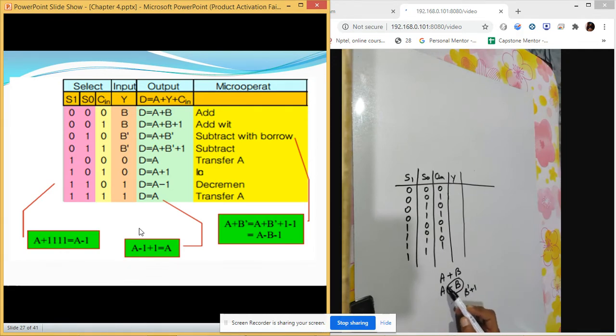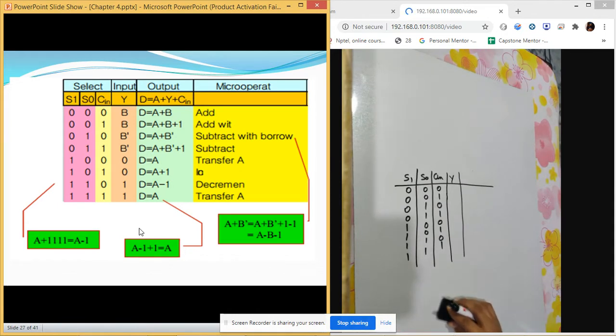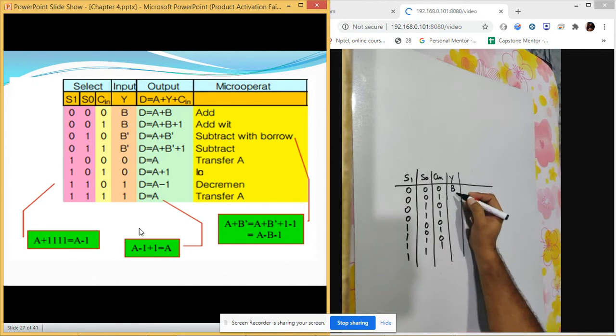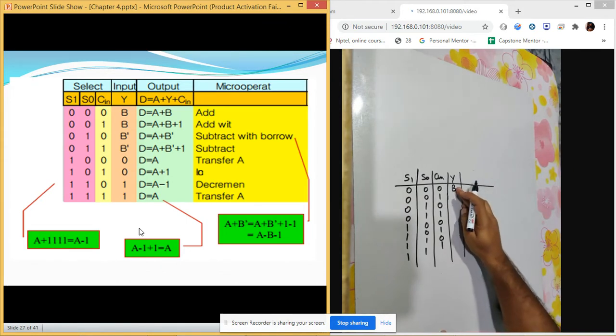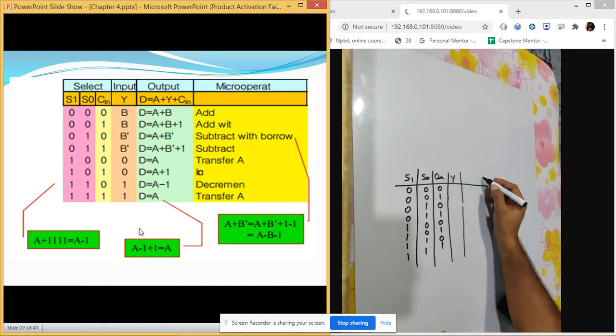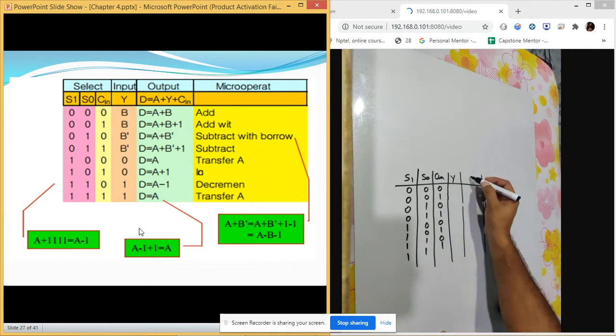We are not going to touch the value of A, so A will remain as it is, whereas the value of B is going to get changed. Y will remain B. We can write this later on as well. Then after this we have our output.